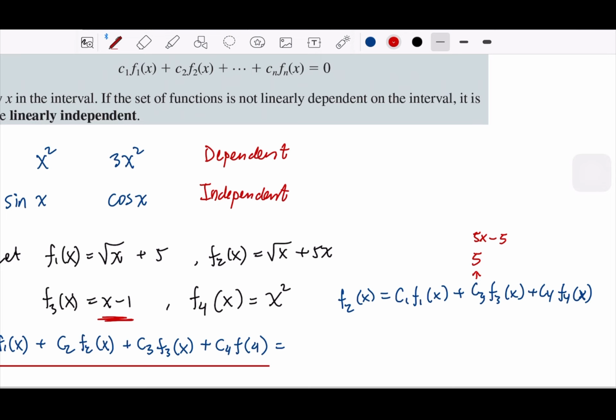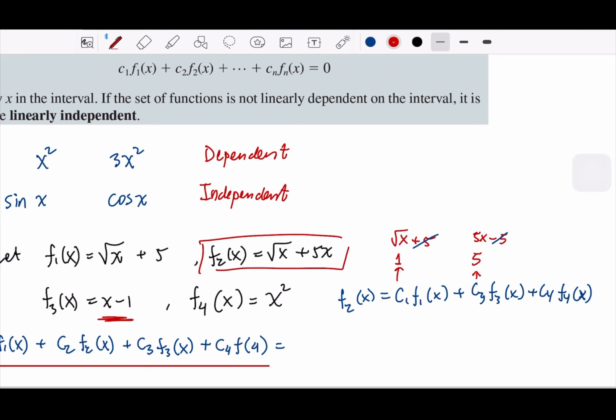And then let's say we just take 1 for c1, so square root of x plus 5. So we are going to cancel this plus 5 with minus 5. And then we have square root of x plus 5x, which is our f2.